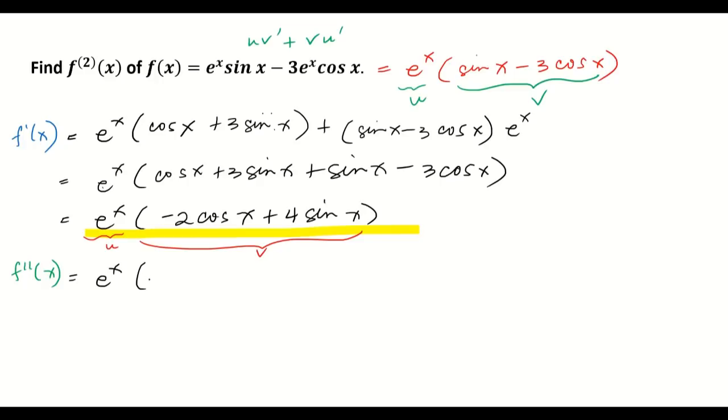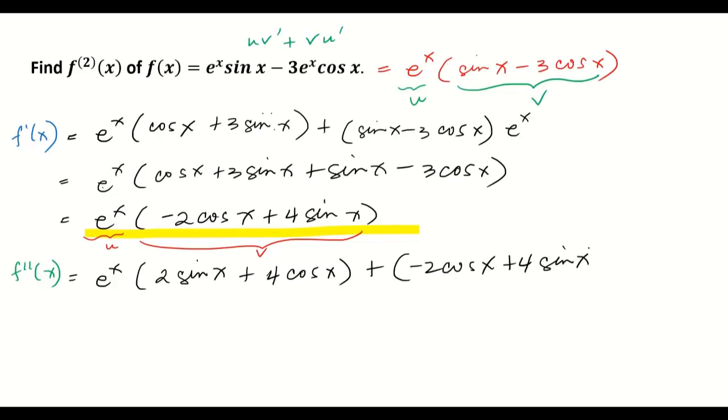And that would be positive 2 sine x, because the derivative of cosine x is negative sine x times negative 2, that would be positive 2, plus 4 cosine x, plus v, so we have negative 2 cosine x plus 4 sine x times the derivative of e raised to x, and that would be e raised to x.